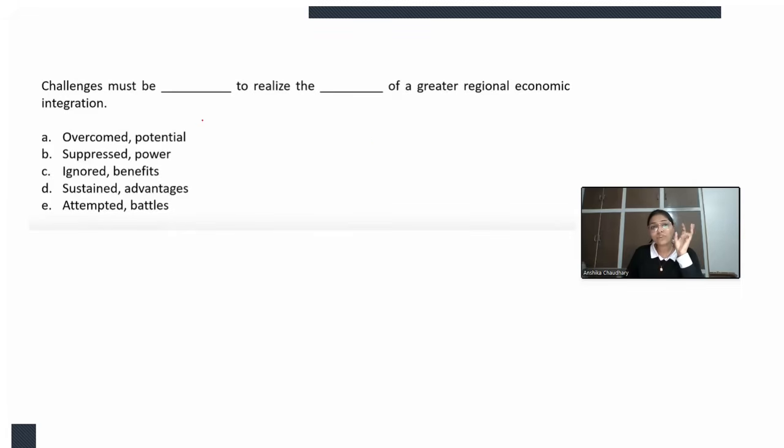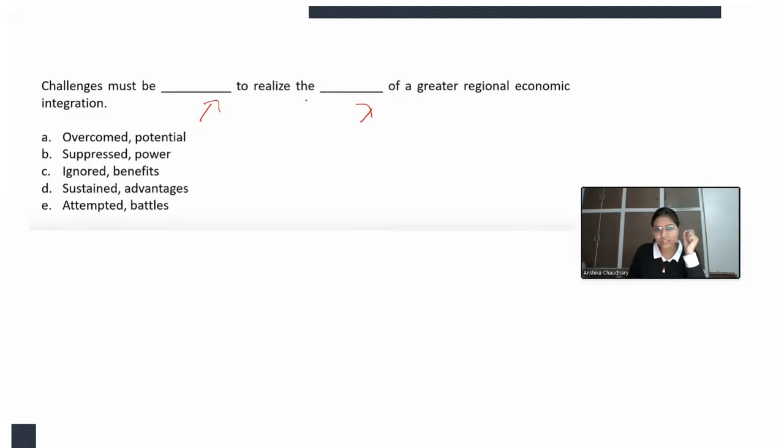So you need to check both of the fill-ups, that both of them are fulfilling the needs of the sentence. Whatever you are trying to fit in, check whether it is fulfilling the concept, right? Now, challenges must be. So let's put option number A.